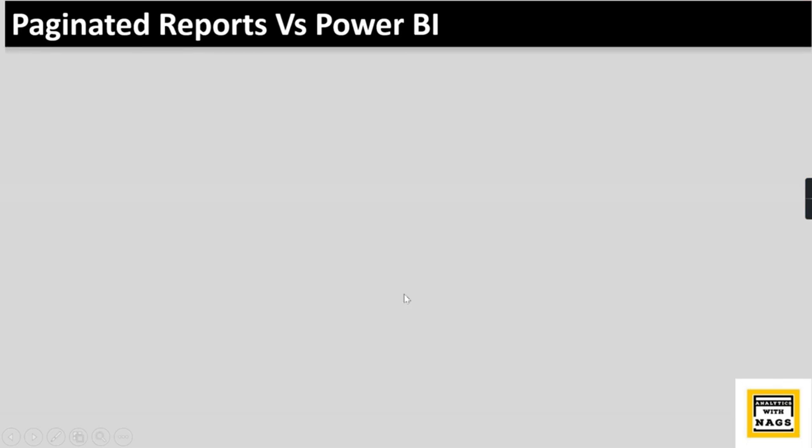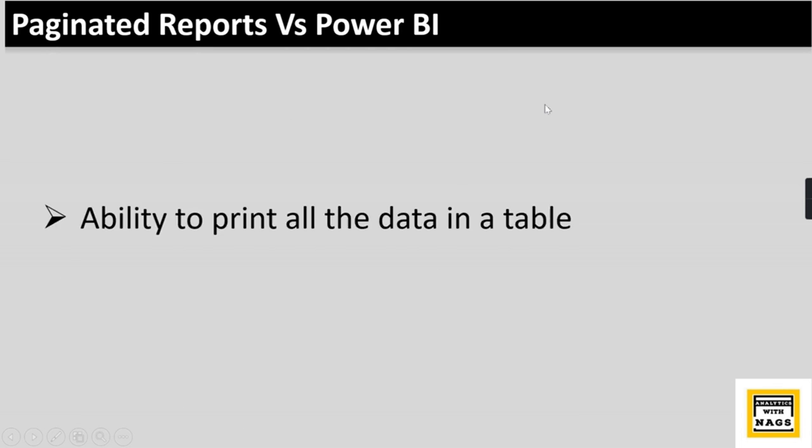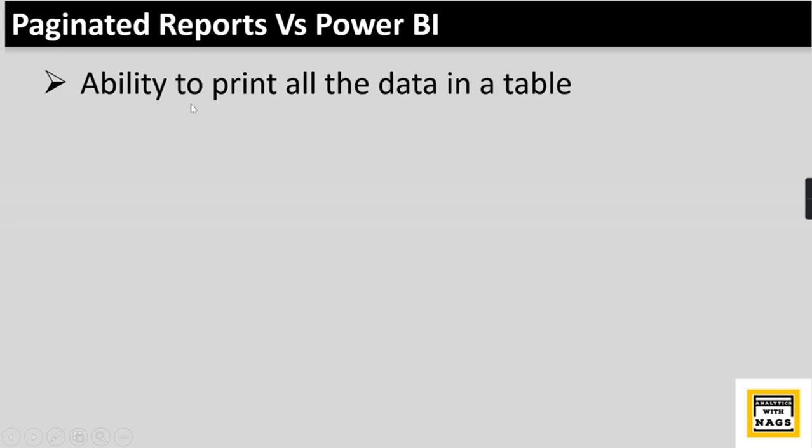So paginated reports, how are they different from Power BI reports? Let's try to understand it by some points. First, the ability to print all the data. That's what we have seen so far. Limited data sources. This is another important aspect, as we are creating our first Power BI paginated reports.